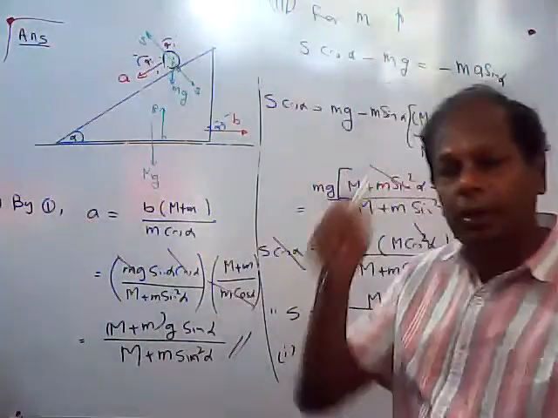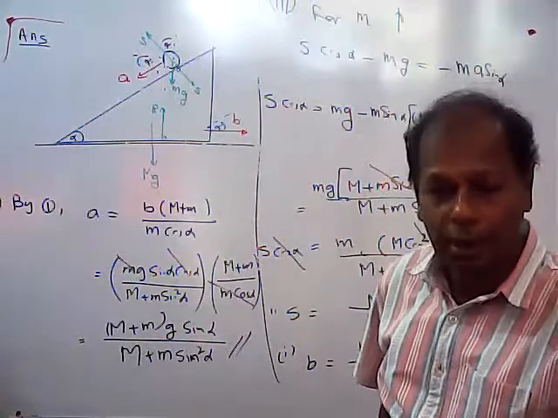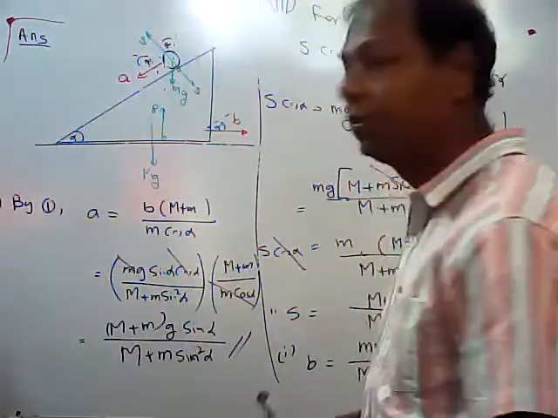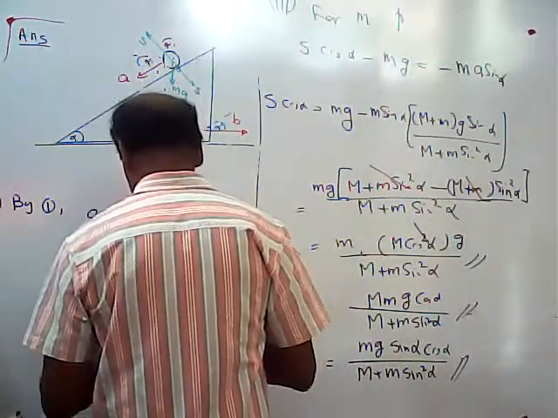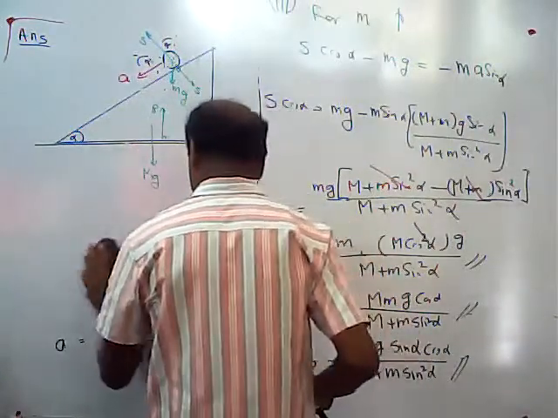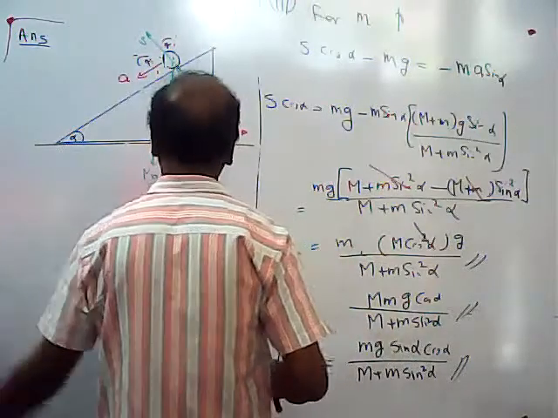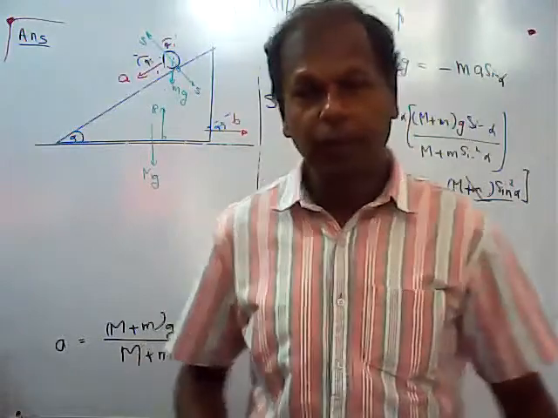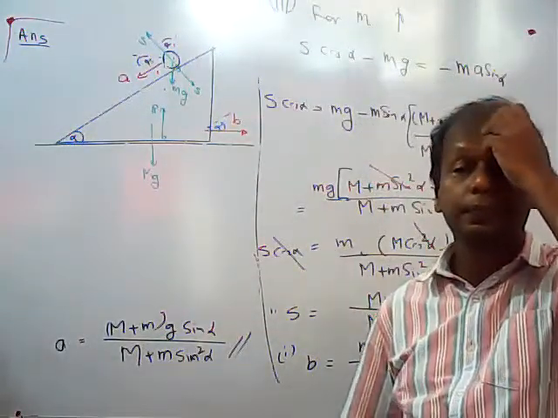We have S. In part 4, we need to find R. What is the best option? To find R, what is the best thing to do?